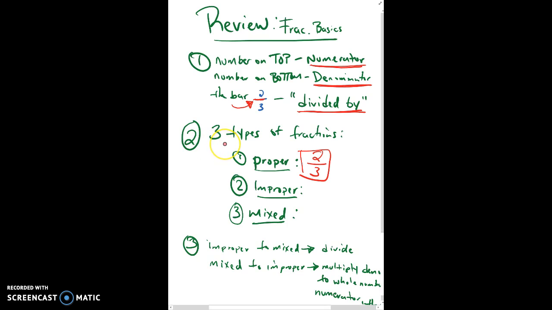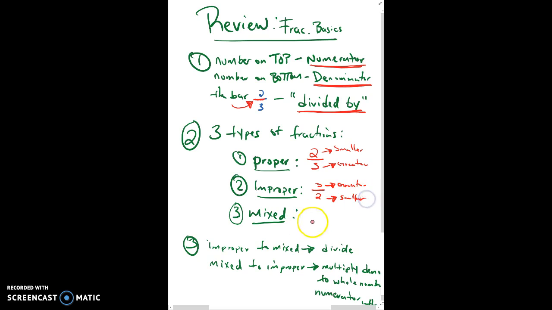So 3 types of fractions. The first one is a proper fraction, and it looks something like this: 2 over 3, where the number on top is smaller than the number on the bottom, or the denominator. Okay, and then there's improper fractions, which is the opposite: 3 over 2, where the number on top is greater than the number on the bottom.